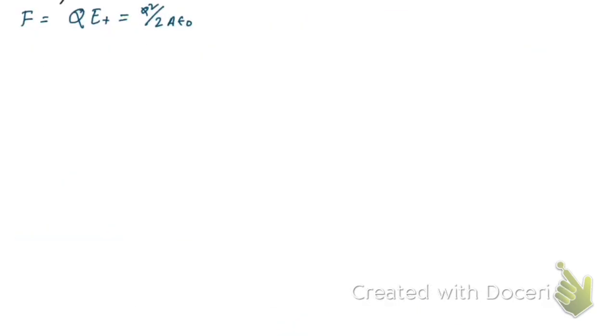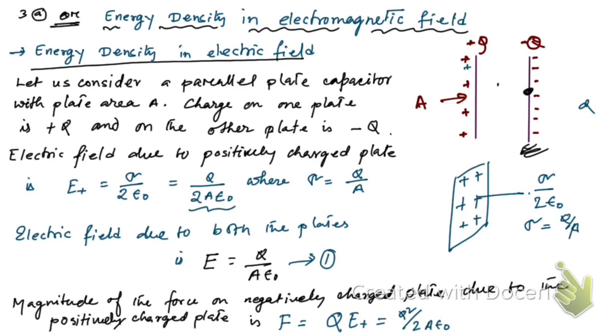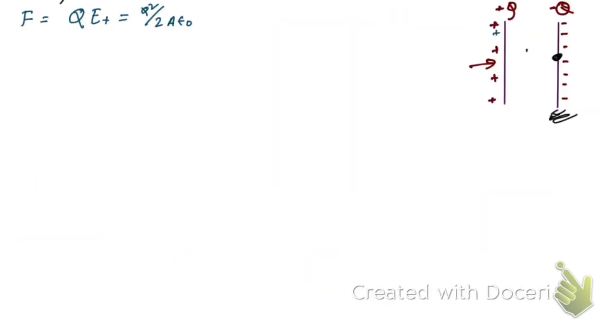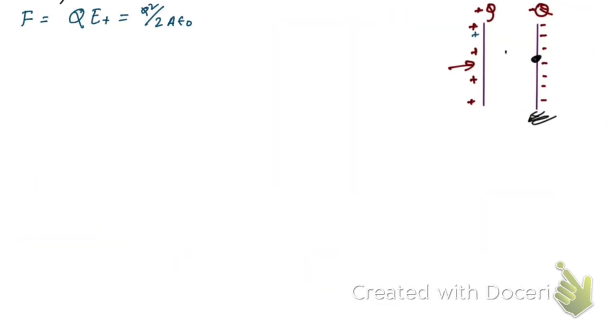Now you see, the work done to displace the negatively charged plate. Let me copy this diagram again. So here you see, this is the parallel plate capacitor. If you want to displace this negatively charged plate through a distance, suppose x, then you need to do work.